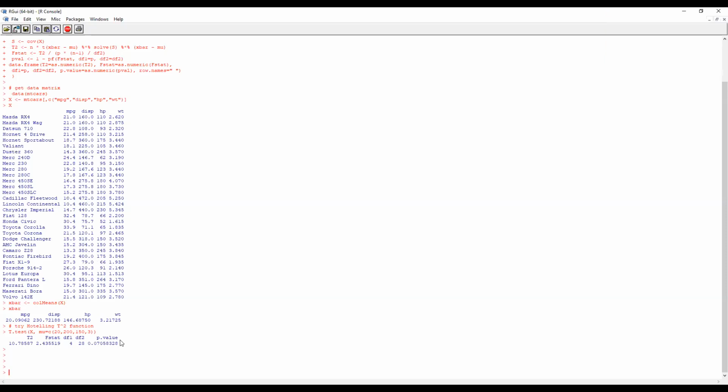Well, could you say that again? What do those numbers mean, I mean the 20, 200, 150, and 3? Oh, okay. Those are the hypothesized values.